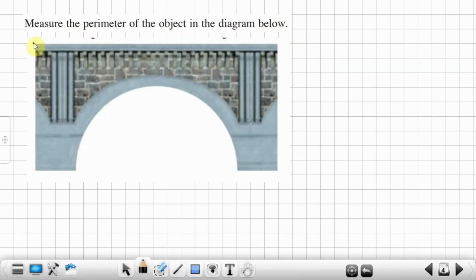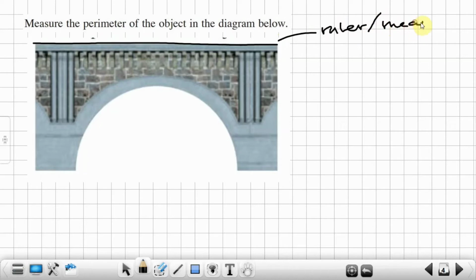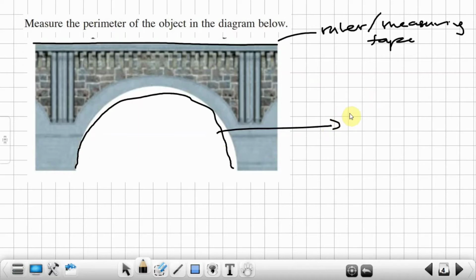If it's a straight part, we can measure by ruler, or in this case, if the bridge is very long, it's not suitable to use a ruler, so you can use measuring tape. Same goes to all the straight parts. And what about the curved sides? This curved side, you can use thread.